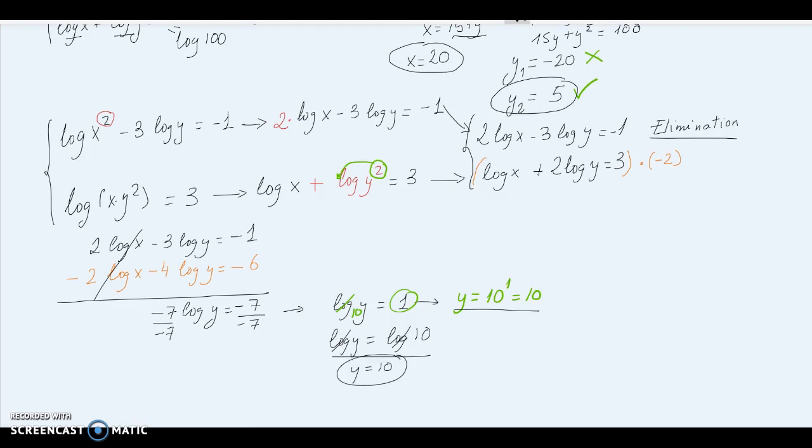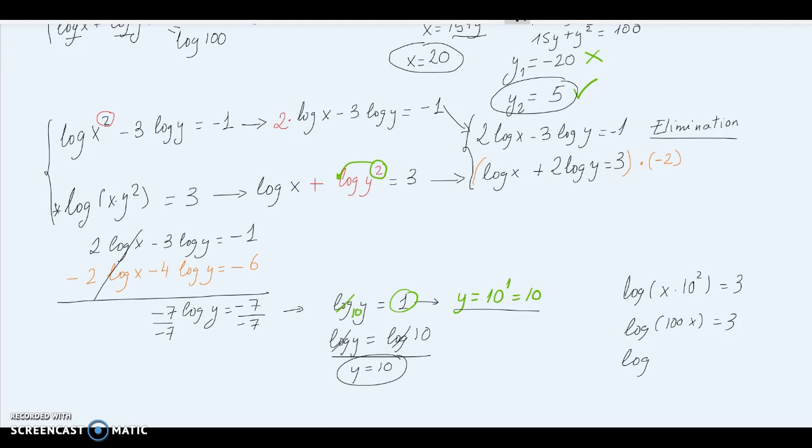Now we are going to find the other variable, the x, okay? So we can, for example, take this first equation. So I'm going to write here on the right, log of x times 10 squared equals 3, log of 100x equals 3.